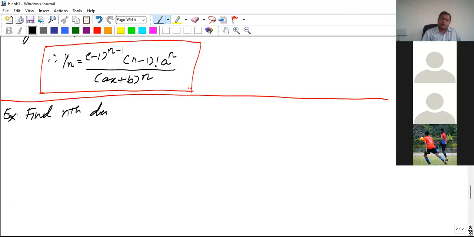Find the nth derivative of y equal to (2x plus 3) on (x square minus 5x plus 6).